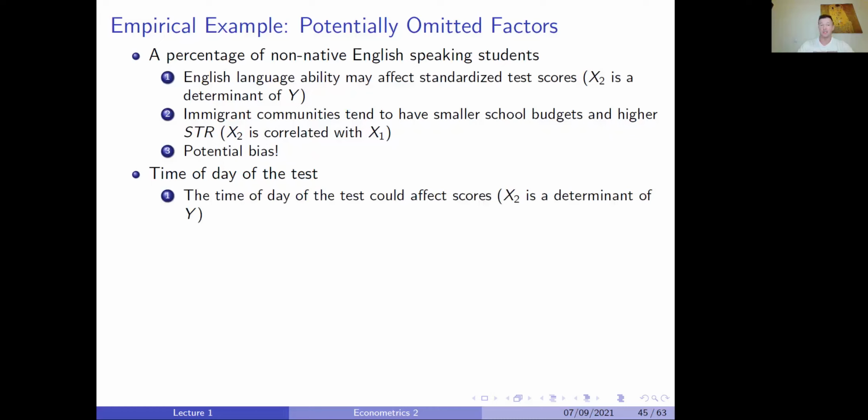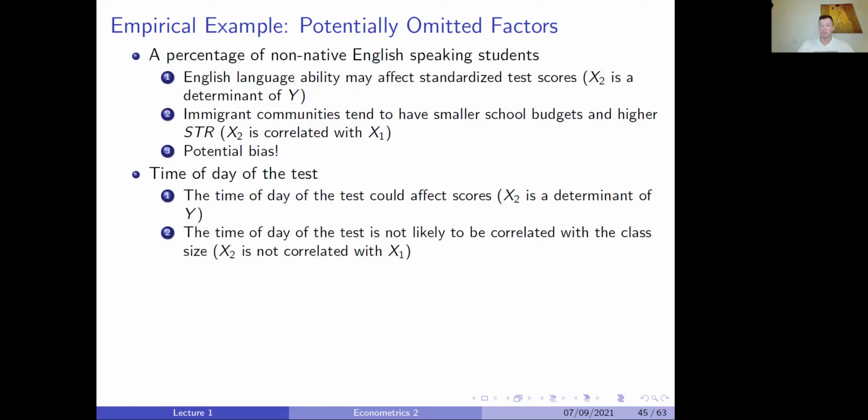So the time of day could affect test scores. But is this related to the student-teacher ratio? No, there is no reasonable idea how the time of day of the test may be connected to the student-teacher ratio. So there is no bias because the second term is 0.